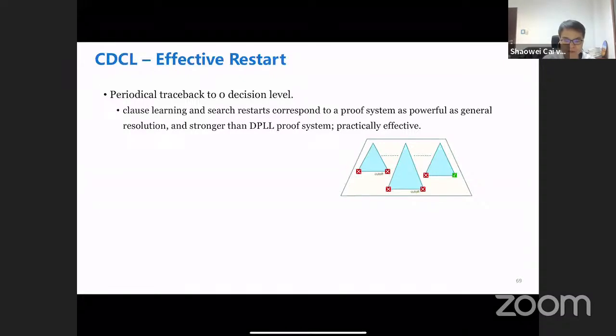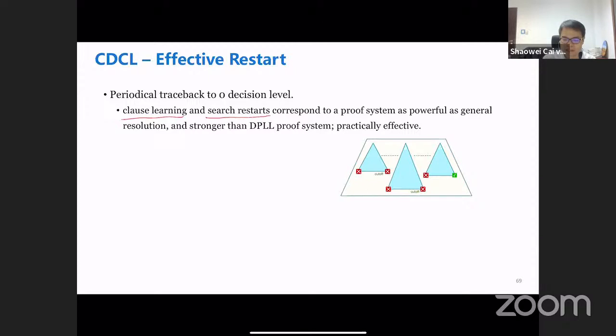And it has been shown theoretically that if we combine clause learning with such restarts, that theoretically corresponds to a proof system as powerful as general resolution and is stronger than the DPLL proof system. So this also explains the much better performance of CDCL than traditional DPLL in theory.